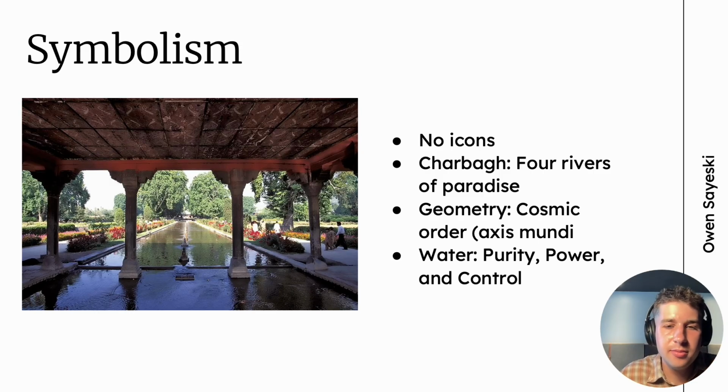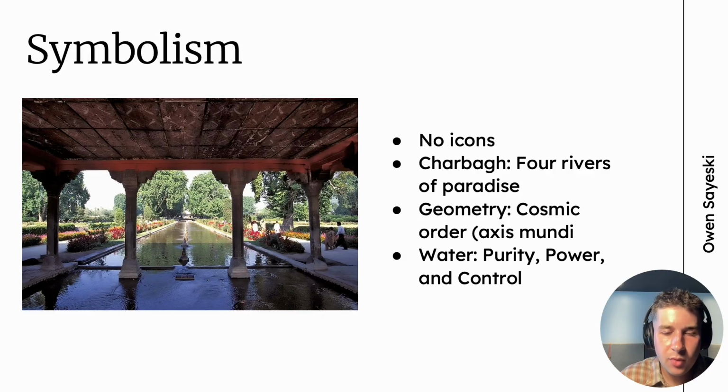The last slide I'll be presenting on is symbolism. A huge importance in the Islamic faith is that they don't have icons or they don't celebrate idolatry. So in a lot of the gardens, there will not be statues or murals of people that are important. They place a larger emphasis on the beauty of nature, and in these gardens you can see the well manicuredness and the architecture around it.